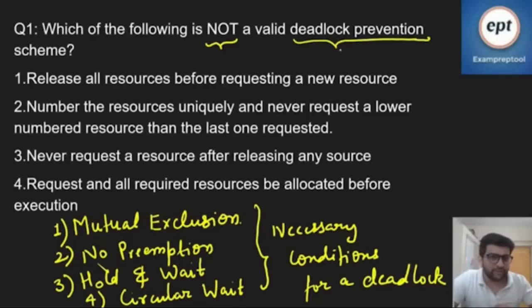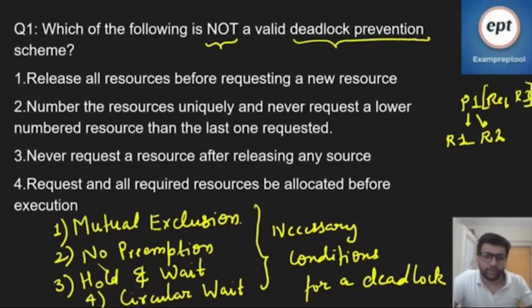So what are deadlock prevention schemes? Deadlock prevention schemes are those which prevent these conditions from being fulfilled. Okay, so let's go to the options. The first option says release all the resources before requesting a new resource. Let's say we have a process P1 holding resource R1 and resource R2, and it wants a resource R3.